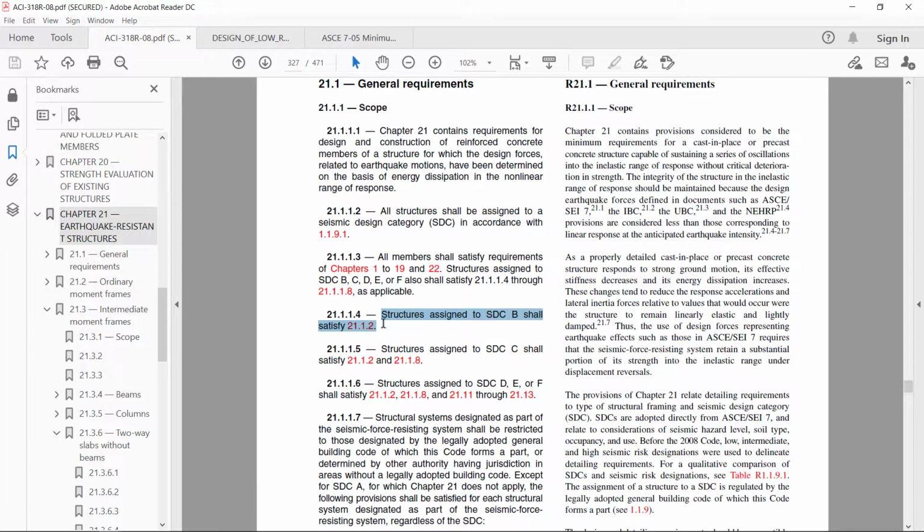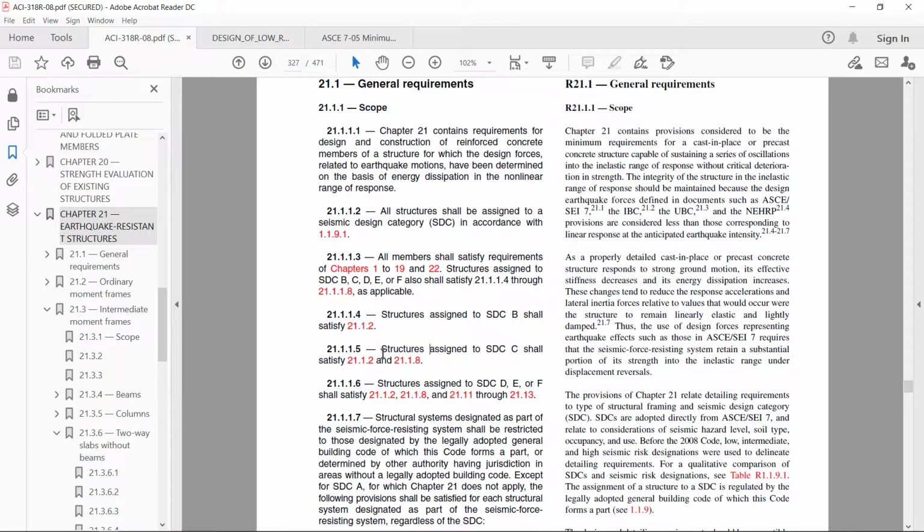That means this building is a simple building and we will follow the standard practice as per ACI 318. But if the building lies in seismic category C, then we have to follow 21.1.2 and 21.1.8 also.